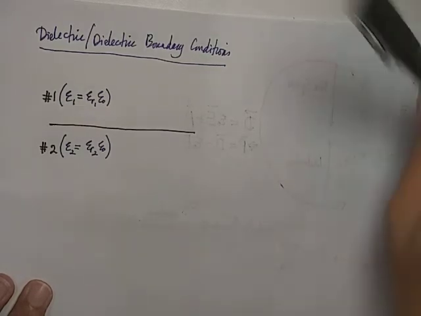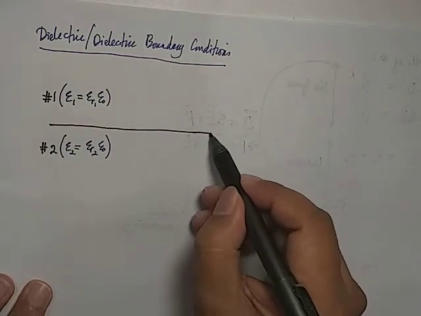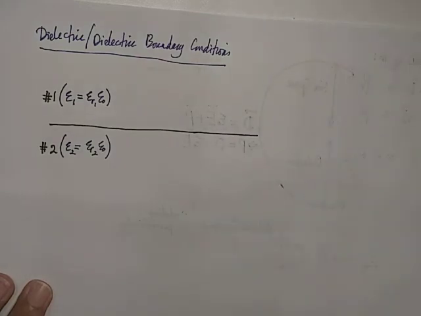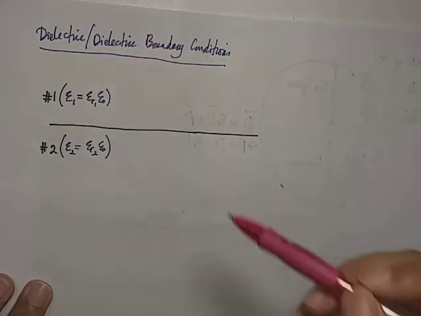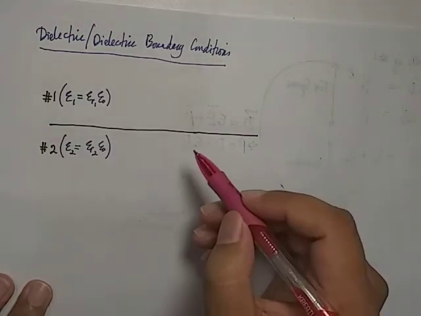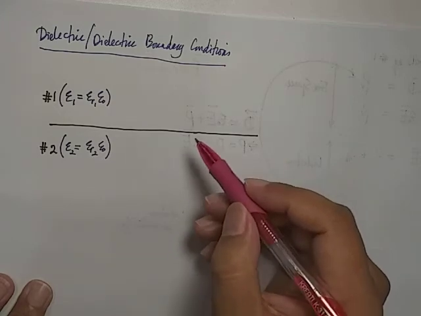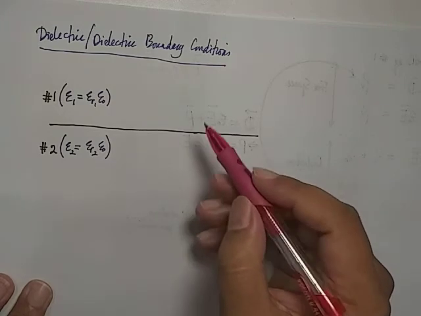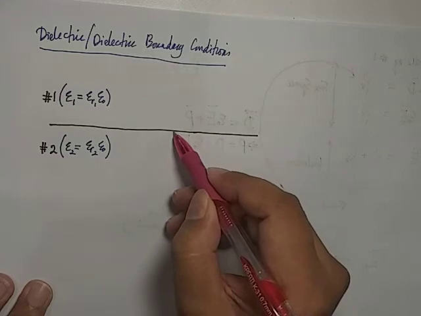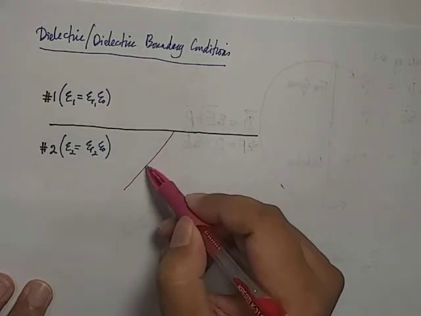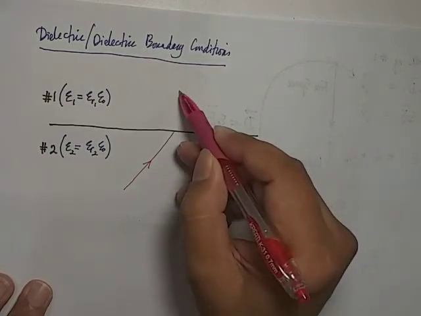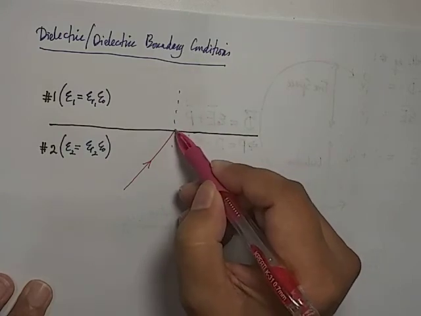Okay, so what happened to the electric field? Yes, the same thing is going to happen to the electric field as what we proposed in the first boundary condition, which is the conductor free space. So what we're going to see is the electric field being refracted.